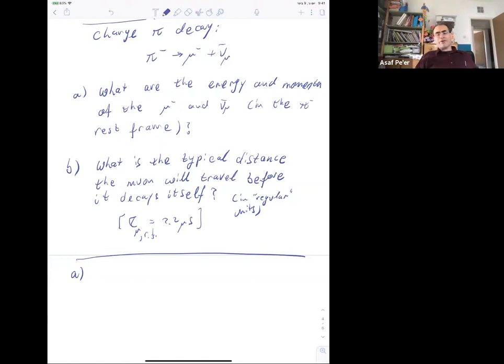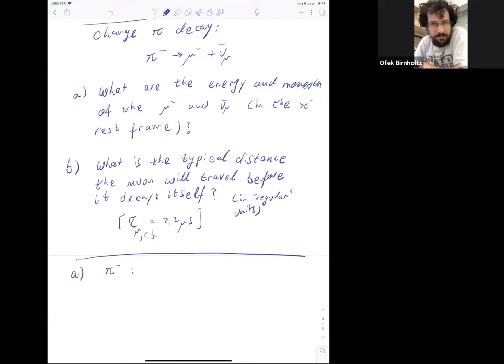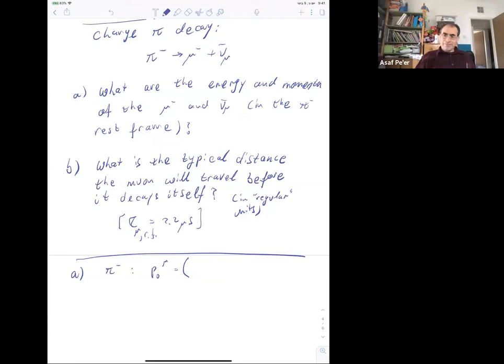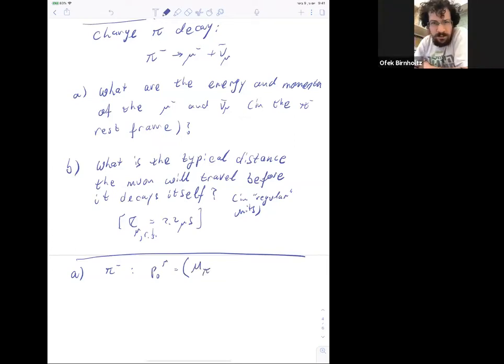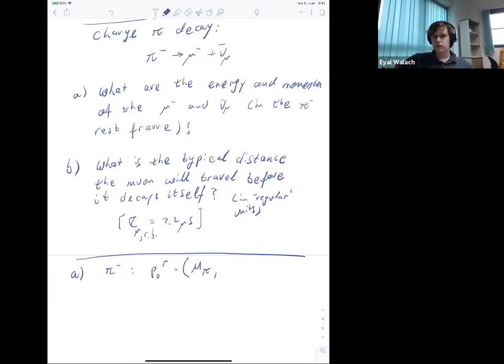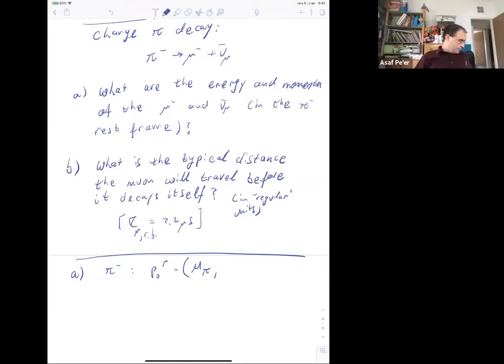What is the form of the four-vector of the pion? M_pi, p, px... What is that? M_pi, comma, p_x, comma, 0, comma, 0. No, actually just 0, 0, 0. Correct. In the rest frame.